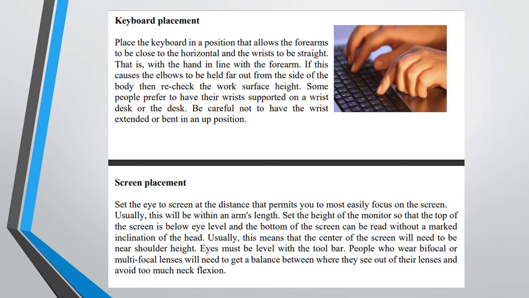Usually, this means that the center of the screen will need to be near shoulder height. Eyes must be level with the toolbar. People who wear bifocal or multifocal lenses will need to get a balance between where they see out of their lenses and avoid too much neck flexion.